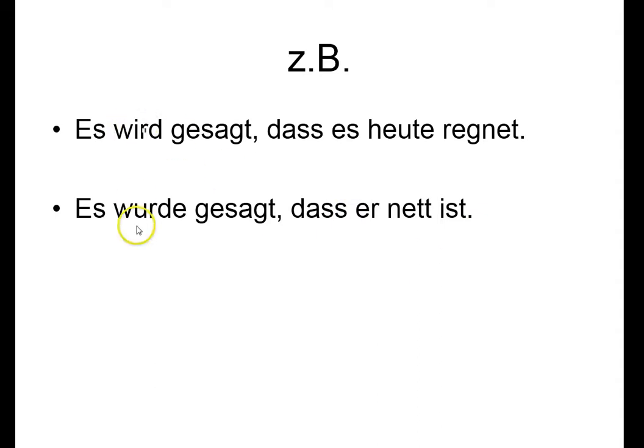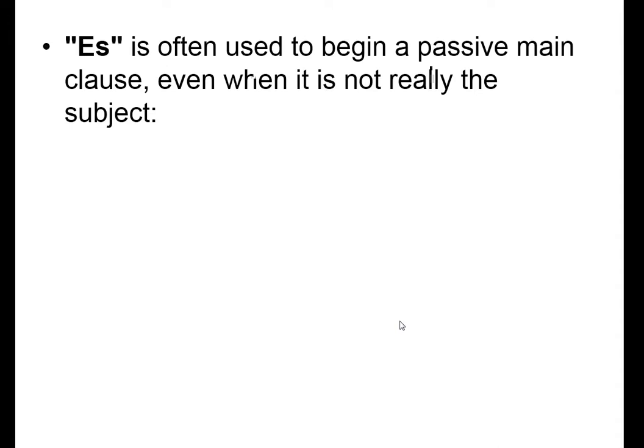So we're still using werden, whether it's present or past, and we're still using the past participle. So nothing really changes too much. It's just instead of having something else as our subject, it's just now es. They say, so es.